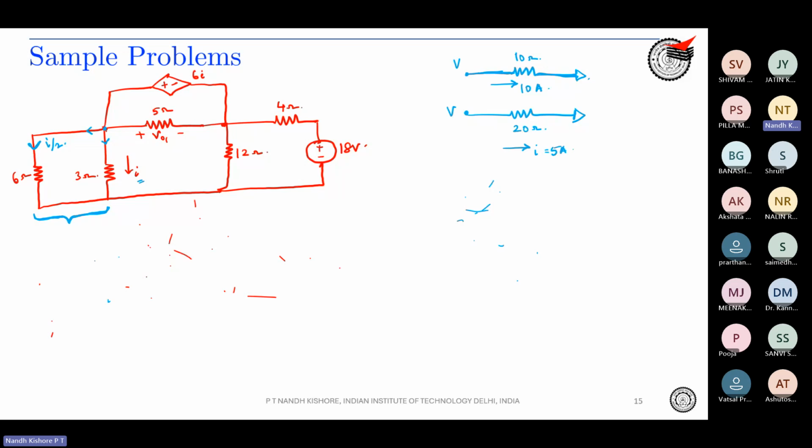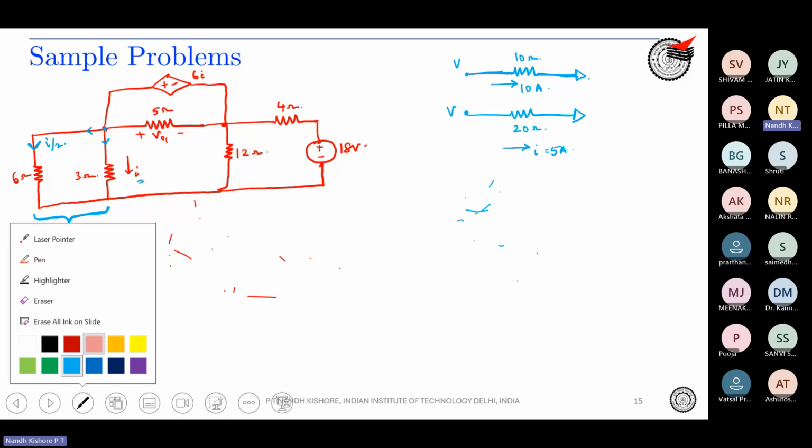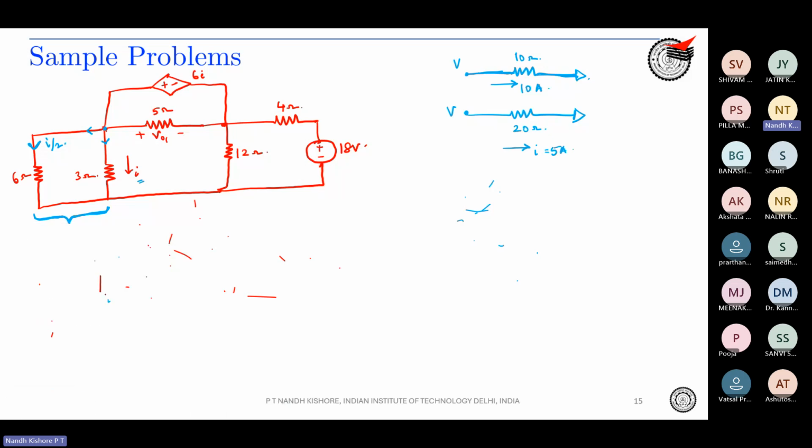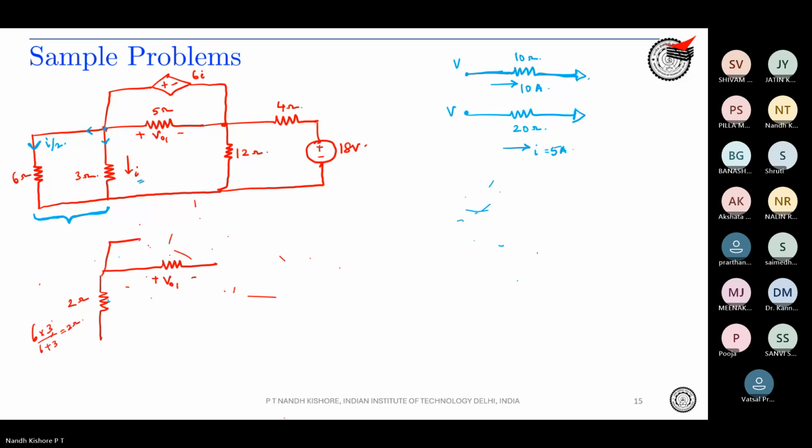Now, if I simplify this 6 ohm and 3 ohm into a single resistance, 6 parallel to 3 is basically 2 ohms, correct? 6 into 3 by 6 plus 3, which is 2 ohms. And I keep the rest of the circuit the same now.